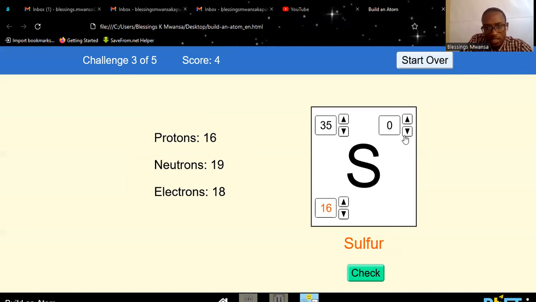Excellent. Is this a neutral atom? No, because the proton number is different from the electron number. Was there a gain or was there a loss? Excellent. So that was a gain of electrons. What is a gain in chemistry? It's a negative. Excellent.